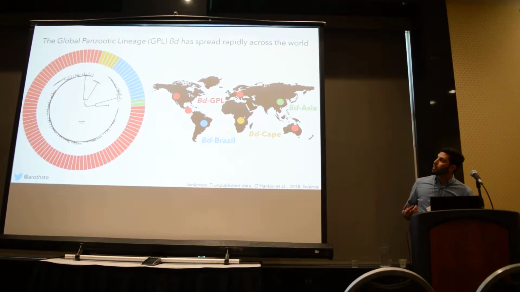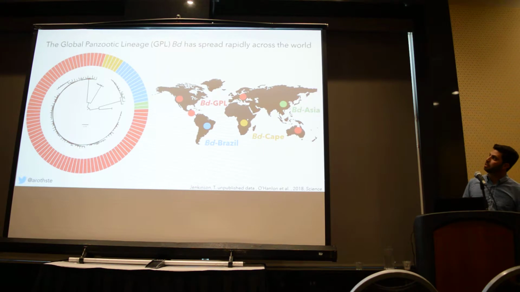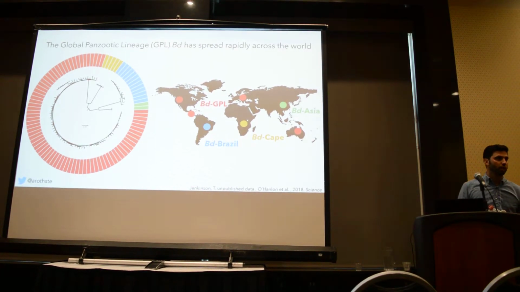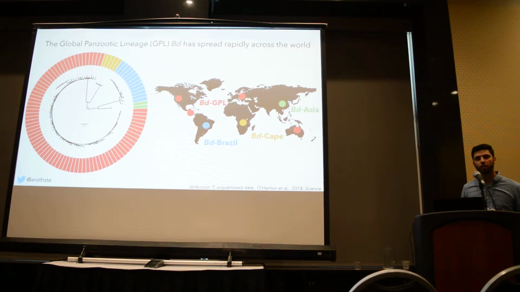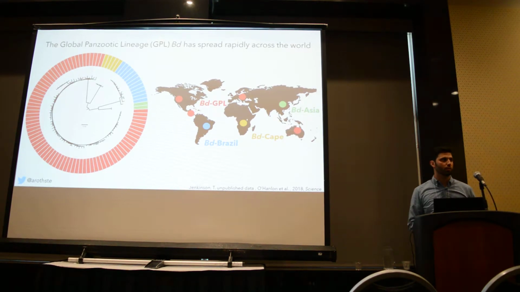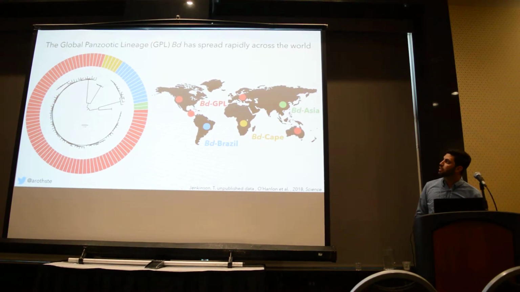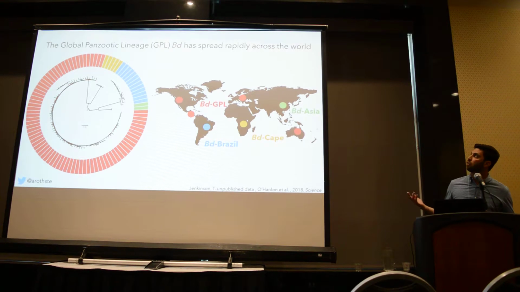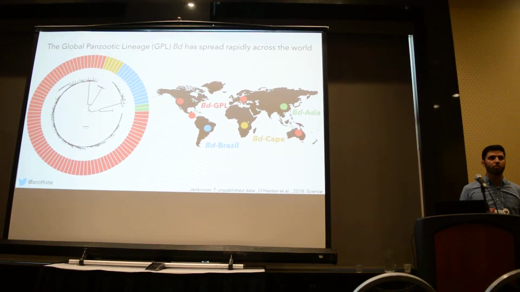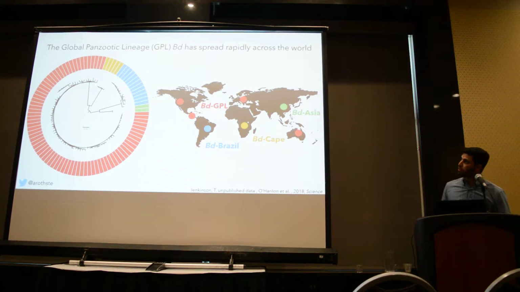The one that we're most interested in is the GPL, or the global panzootic lineage, which is the most virulent and the one that is really causing a lot of these frog declines. As you can see, it is now globally spread across the world, and it's a rapid spread of this disease as we see these frog die-offs.